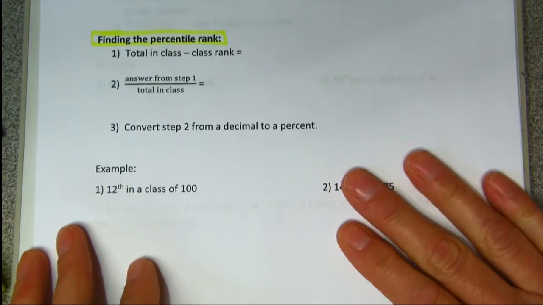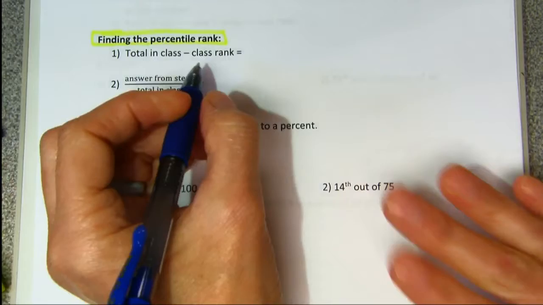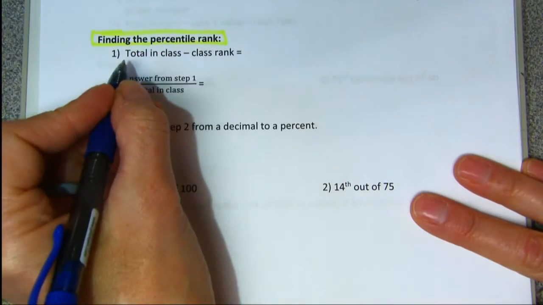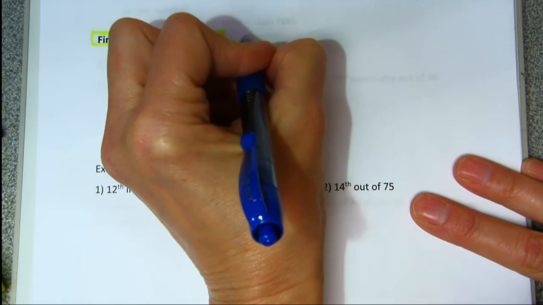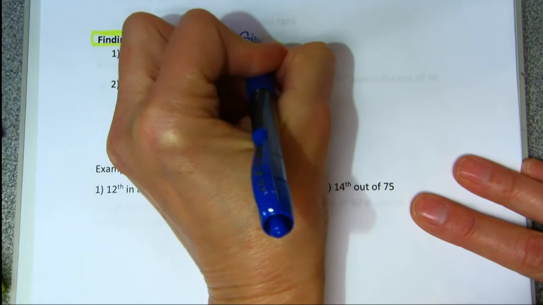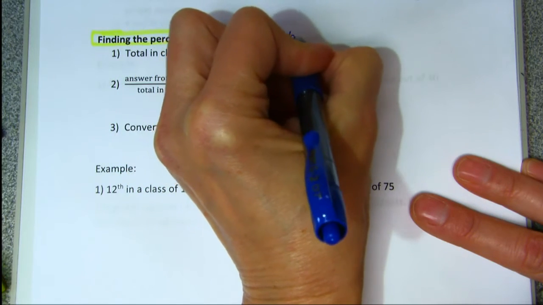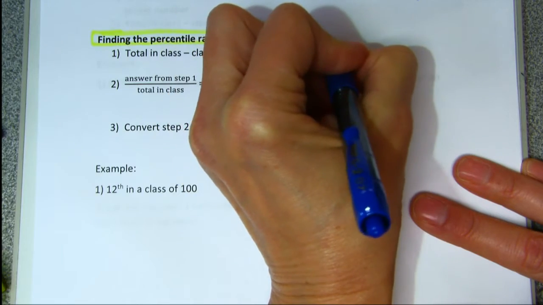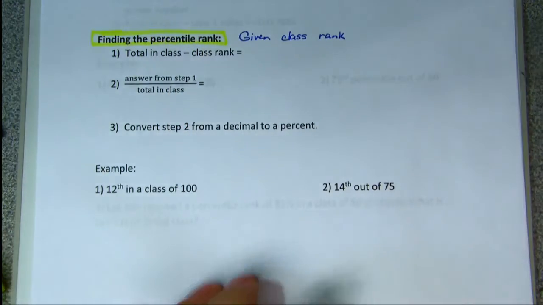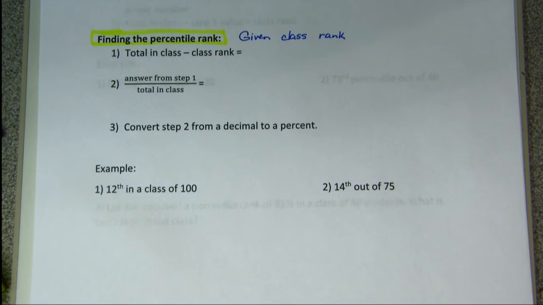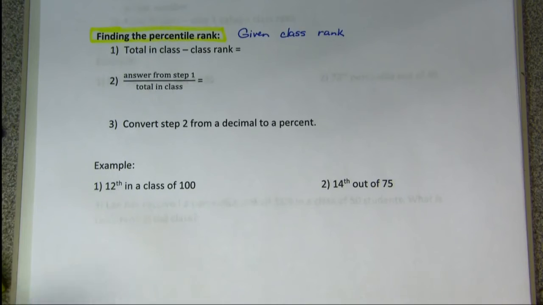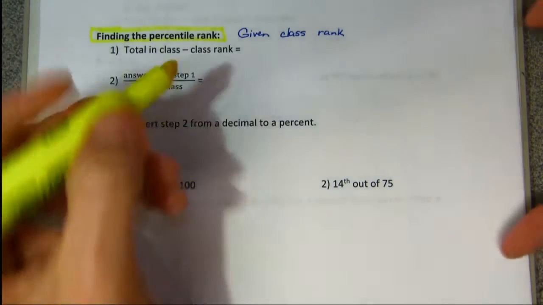All right, so when you're asked to find the percentile rank, given will be the class rank. So what I'm talking about is like when you graduated high school, you ranked 5th in your class, 20th in your class, okay? All right, so here's the steps we're going to take.